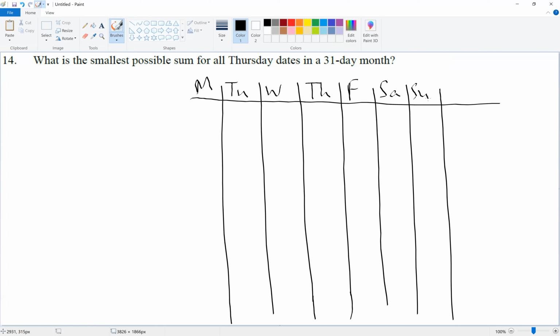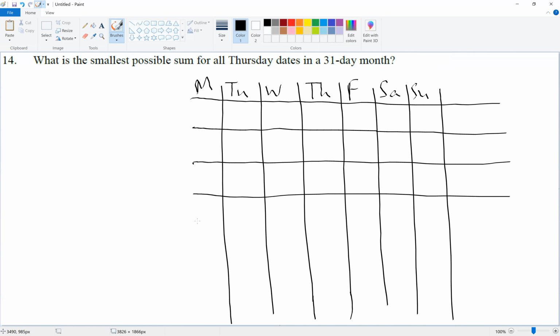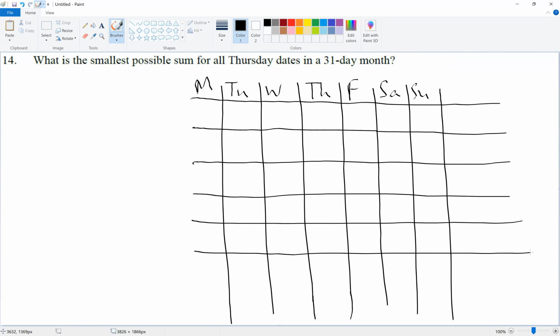So we should start from Sunday. Do you think that will give you the smallest? No, we start from Thursday.